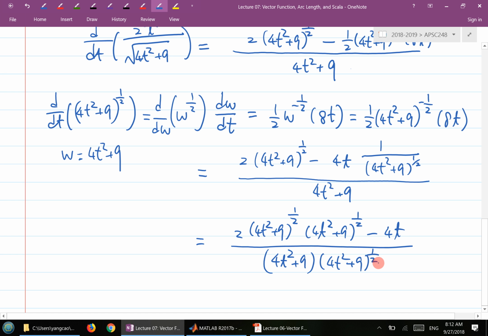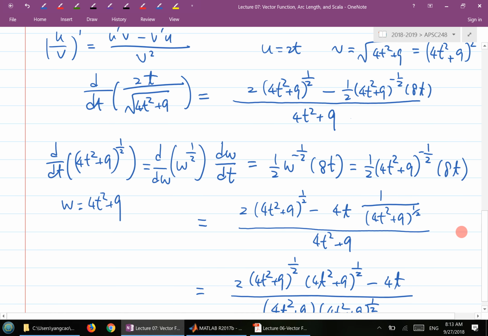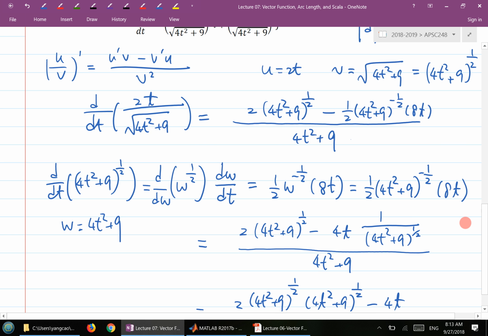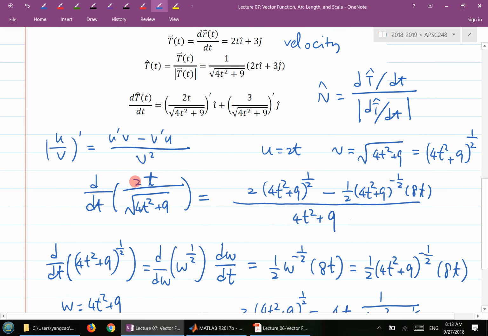Yes? I think you wrote 2t when you did your quotient rule. You didn't multiply by t again. You used that 2t. Which step? Right in there, you got 2t. Oh, I did it. Yes, you're right. I have a 2t here, of course. Excellent.